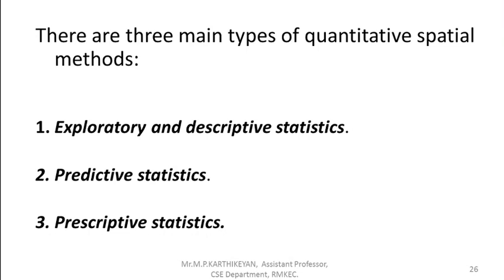So based upon that, there should be a predictive analysis in order to find the solution for such kinds of problems. This regression analysis is an example of predictive statistics. Is that clear, students? Here we are not only dealing with a single layer of data.